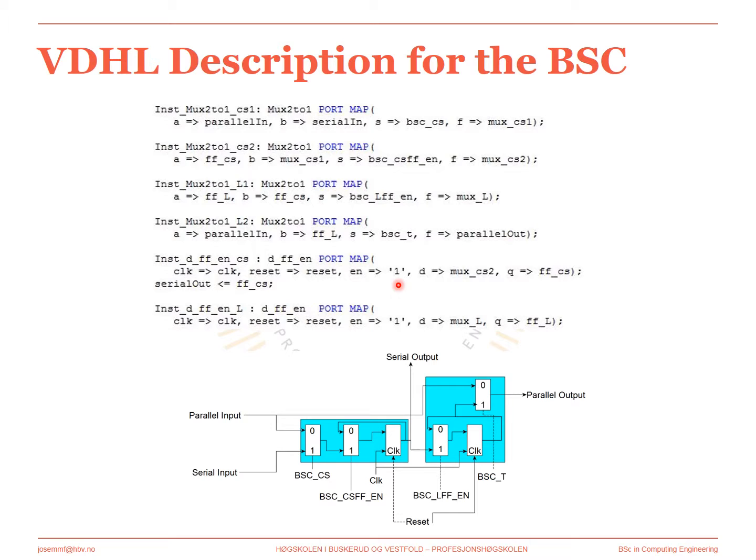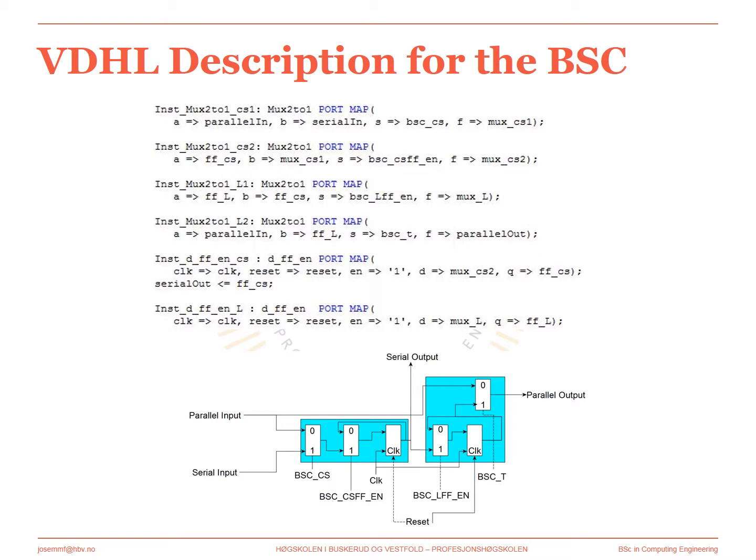The 2 multiplexers in the capture shift part have their output signals marked as CS1 and CS2, with CS1 being for the leftmost first multiplexer and CS2 being for the next one. In the latch stage, the signals are marked L and parallel out, respectively.